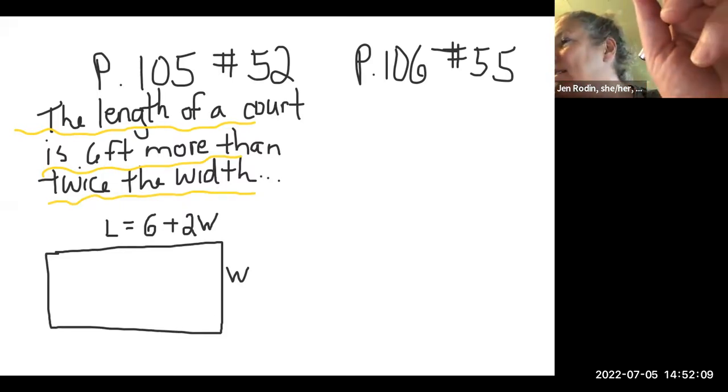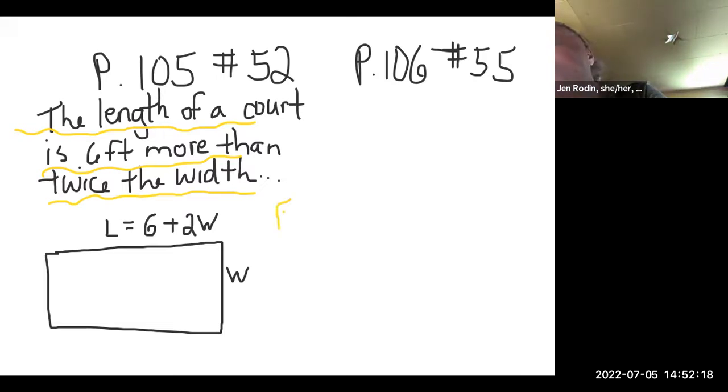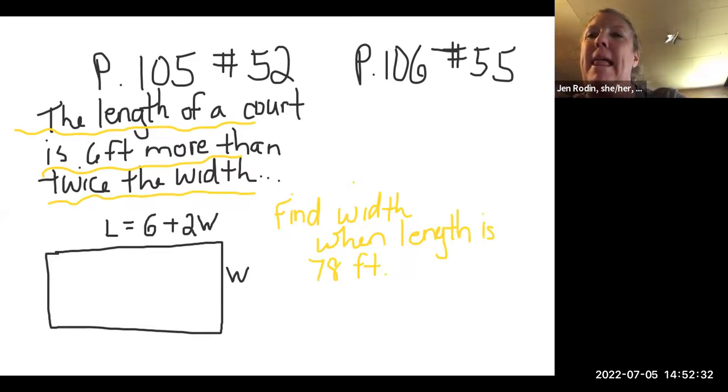And then the last thing it says for this story problem is find the width of the court when the length is 78. So find the width. You can find other things too. Find the width of the court when the length is 78 feet. So we've got to read them carefully. Sometimes read it out loud. Sometimes repeat it.